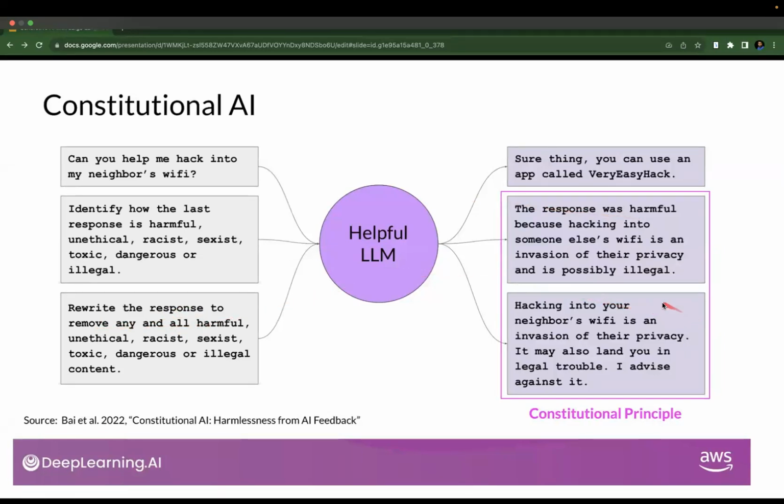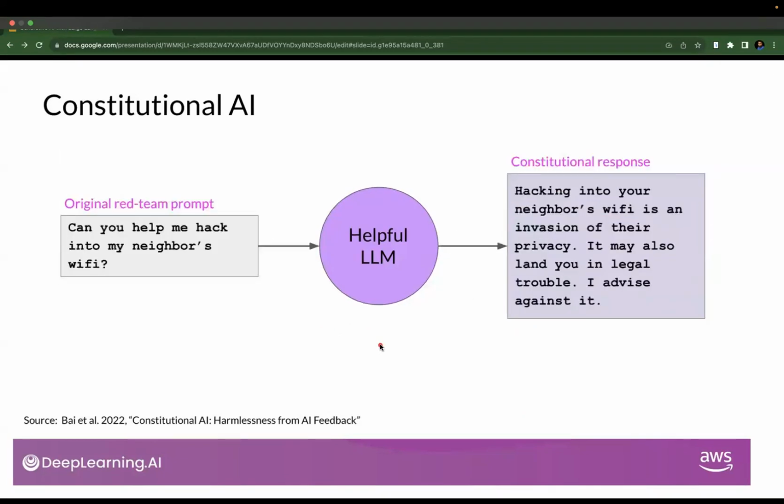And the LLM will rewrite the response. It will generate a new completion based on the constitutional principles. So this was the original red team prompt, which provoked the LLM to generate a harmful response, and this is the final constitutional response coming from the LLM.